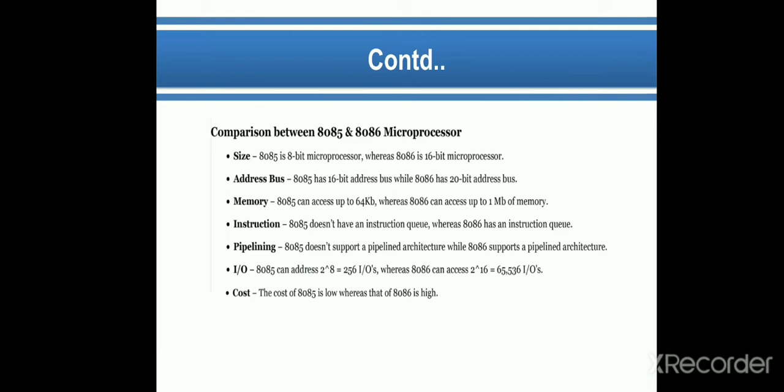Pipelining: 8085 doesn't support a pipelined architecture while 8086 supports it. I/O: 8085 can address 2 to the power 8, meaning 256 I/Os, whereas 8086 can access 2 to the power 16, meaning 65,536 I/Os. It is a huge amount.